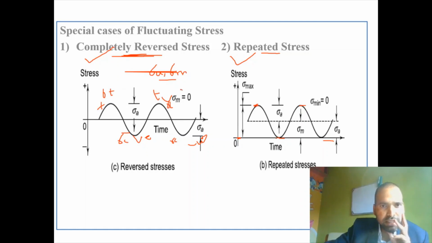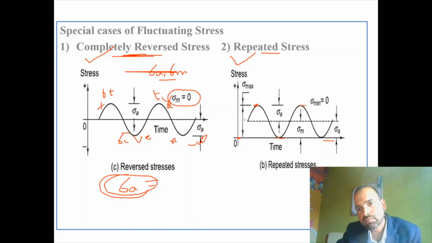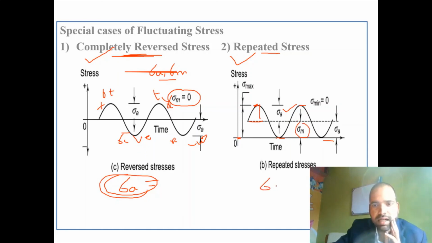In completely reversed stress, mean stress is absent, and the only stress available in the component for design is the stress amplitude. In repeated stress, sigma A, the stress amplitude, is present and the mean stress is also present. So both sigma A and sigma M are available in repeated stress.